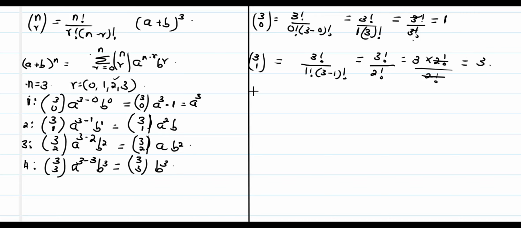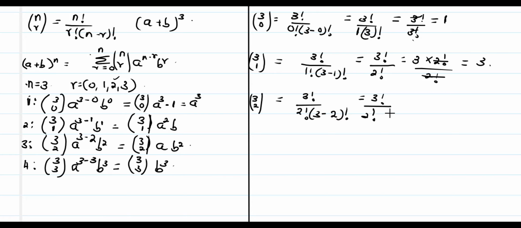So the third one will be 3C2, which now becomes 3 factorial over 2 factorial into 3 minus 2 factorial, which becomes 3 factorial over 2 factorial, I can retain it like that, then 3 minus 2 is 1.